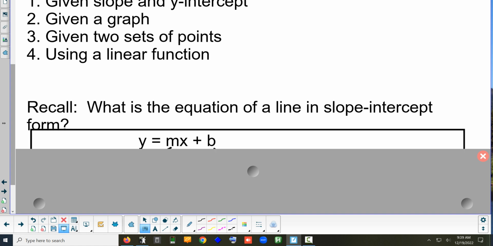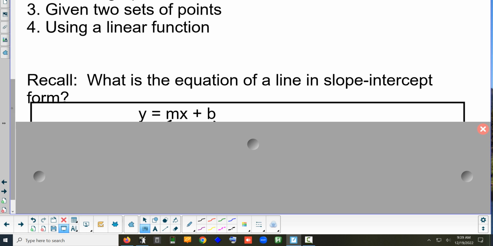All right, so where it says recall, and you guys have a box right below that, y equals mx plus b, that's what you want to put in the top of the box. So it's a little bit smaller, and it says y equals, and there's 2 blanks with a plus sign. We're going to fill that in. And someone remind me again, what's the M stand for? Yep, that's the slope. Okay, a line can either slant up, could slant down, could be horizontal or vertical.